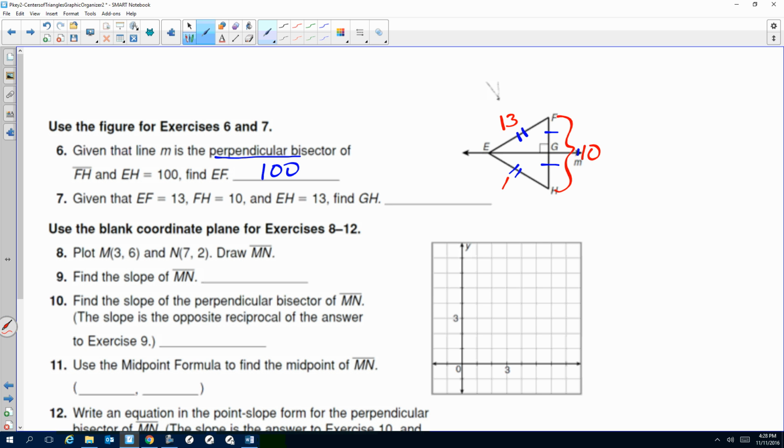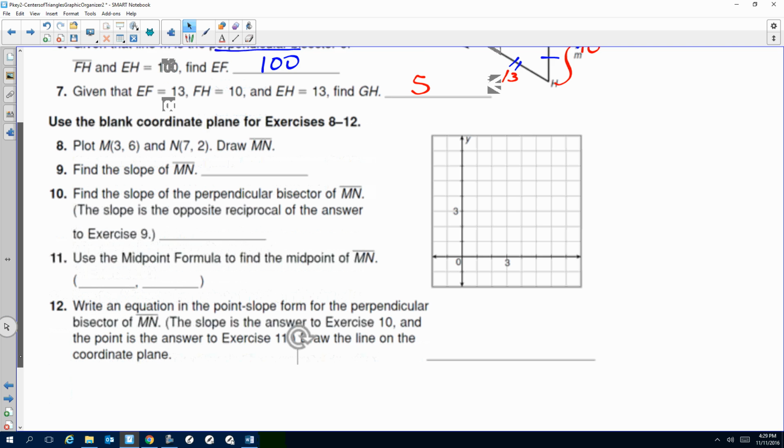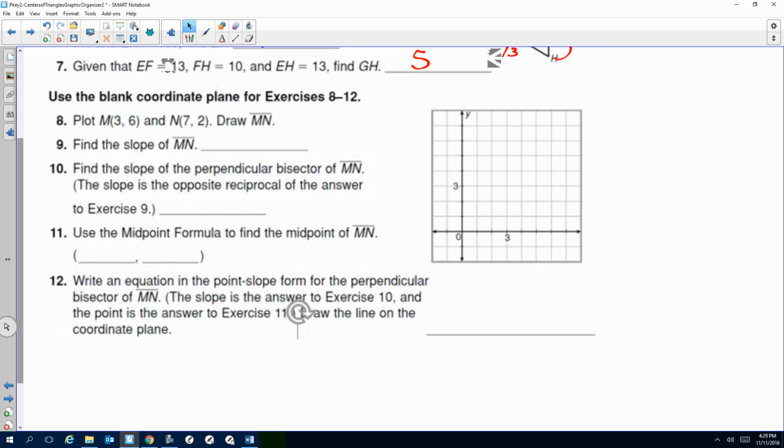EF and EH are 13. So now we have an isosceles. Find GH. Sorry, FH. GH is half the segment. So it's 5. Sorry, I'm looking at it wrong. So yeah, you're going to have to find the missing parts using your special segments and the properties on the notes.